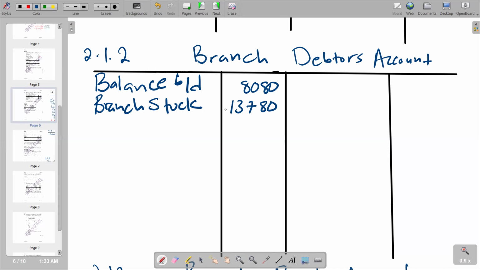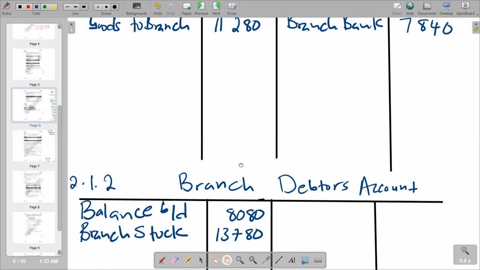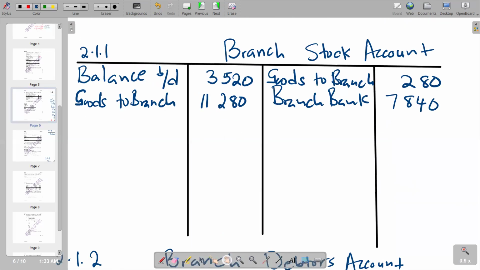So having that now, we make the corresponding entry whereby we are going to credit the branch stock account. So come here, we go to the credit side, whereby we have branch debtors with an amount of 13,780.